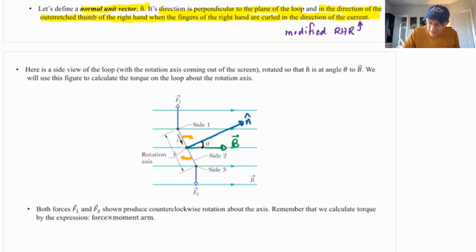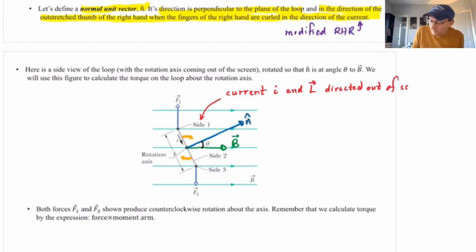For example, side number 1. It has current I flowing in it, and its L vector, which would go along that length, 1, of side 1, but pointing in the direction of the current, that L vector is directed out of the screen towards us.